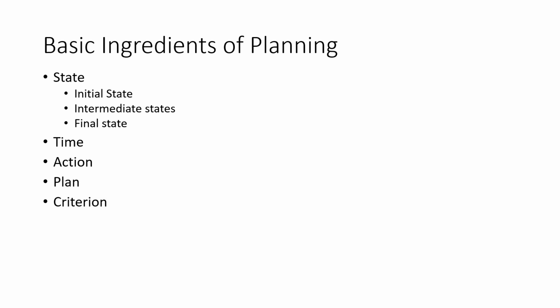Now, in addition to that, you need to define a criterion which is going to ask the planning algorithm to assess the effectiveness of the plan. For example, one can be: is the plan feasible? Or the other one can be: is it optimal? Whether it is consuming more resources or less resources in terms of time as well as energy and all that.